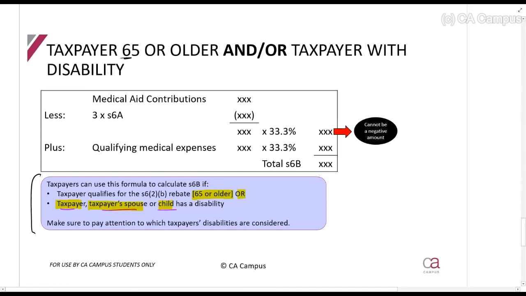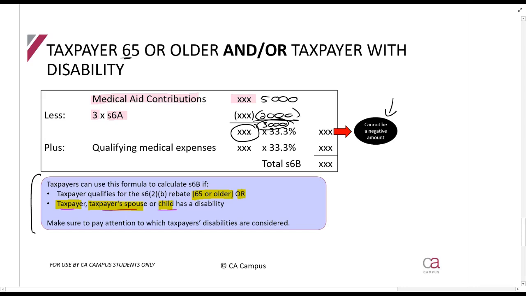Right. So how does it work? It works as follows. It says, take your medical aid contributions, if you have any. From that amount, you deduct 3 times whatever your Section 6A credit was. So whatever you calculated. If there's any amount left, so it can't be negative. If this was 5,000 and this was 2,000, let's say, then you're left with 3,000.